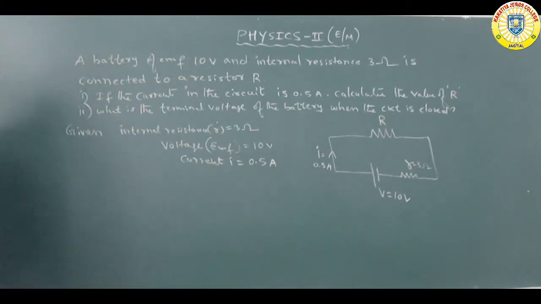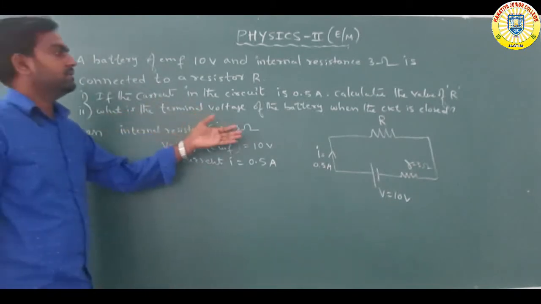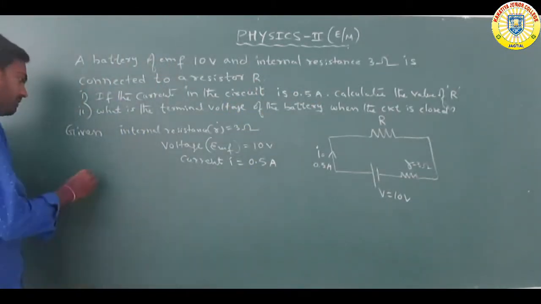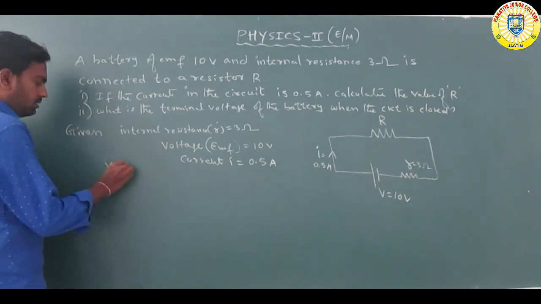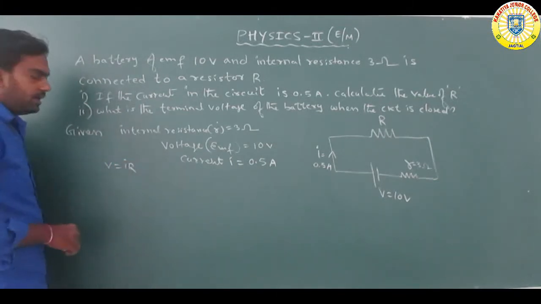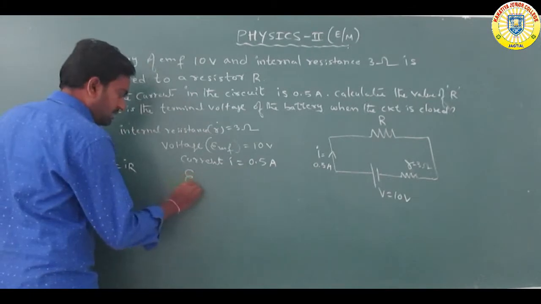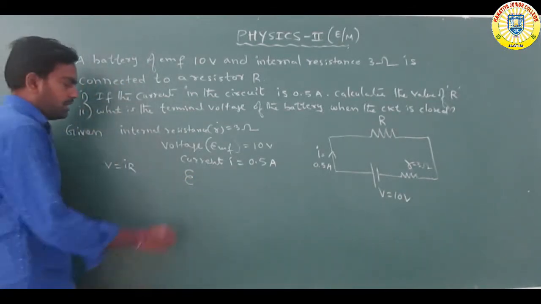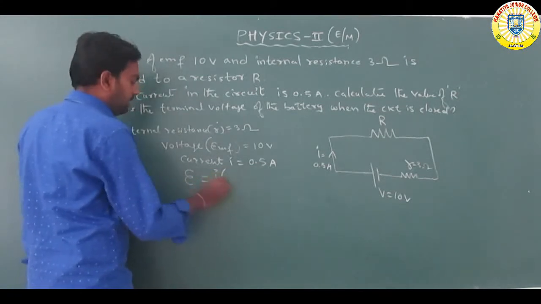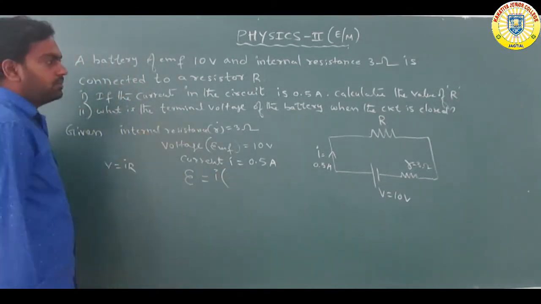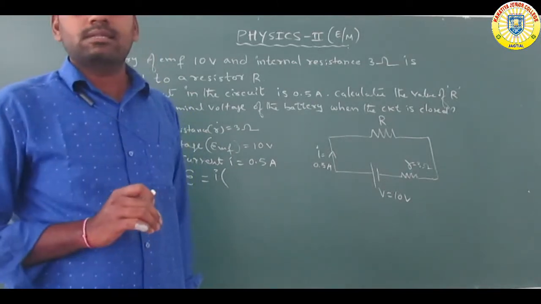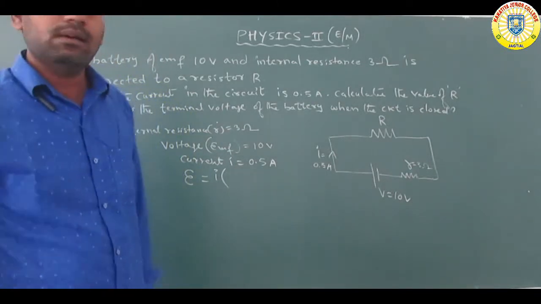Now calculate the value of capital R. The general equation is V is equal to IR. But here, E, the EMF, is equal to I times the resistance, and there are two resistances: the external resistance and the internal resistance.